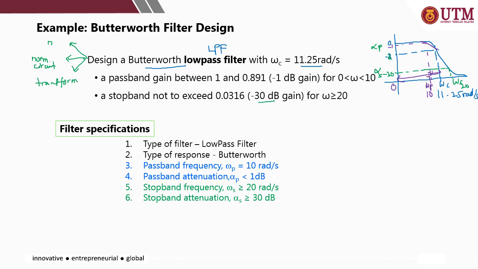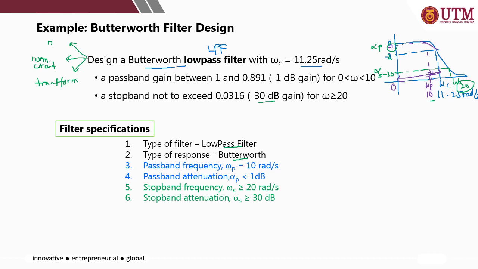The type of filter is low pass, and it is Butterworth, or flat top, or maximally flat. The passband frequency is up to 10 radian per second, and the passband attenuation is less than 1 dB. The stop band frequency is 20 radian per second, and the attenuation is minus 30 dB.